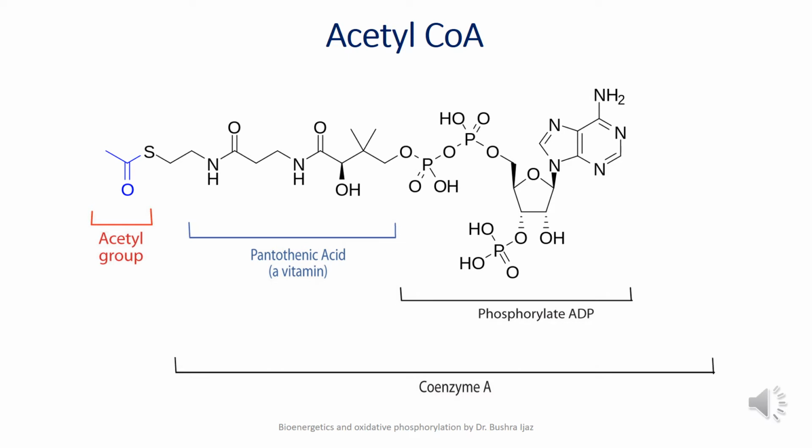At low glucose level, the production of acetyl coenzyme A is linked to beta oxidation of fatty acids. Fatty acids are first converted to acyl coenzyme A. This acyl coenzyme A is then degraded through four cycles of oxidation, hydration, oxidation, and thiolysis, which are catalyzed by four respective enzymes.